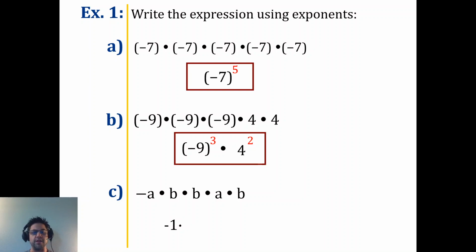We have 1, 2, so it's going to be a squared. And then our B, 1, 2, 3, the variable B is going to have an exponent of 3. So again, it's really just being able to write them differently. Later on, when we teach you some different skills, we're going to learn how to expand them out, just like you saw at the beginning of examples A, B, and C.